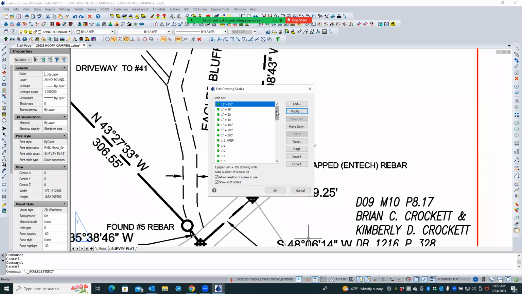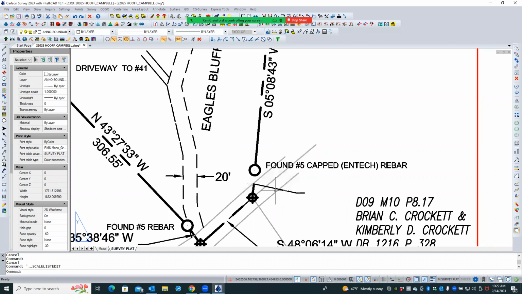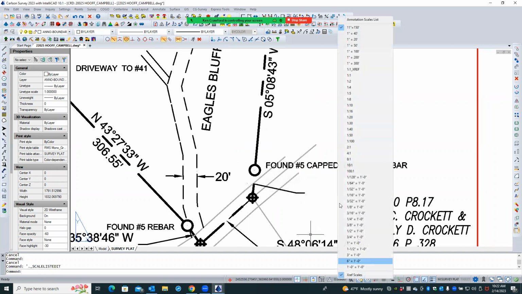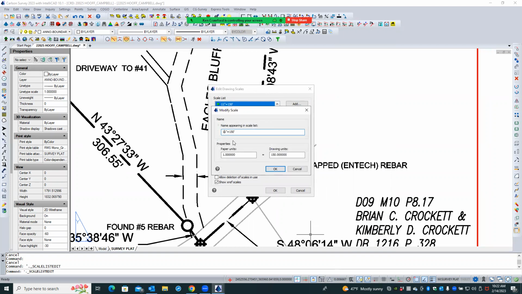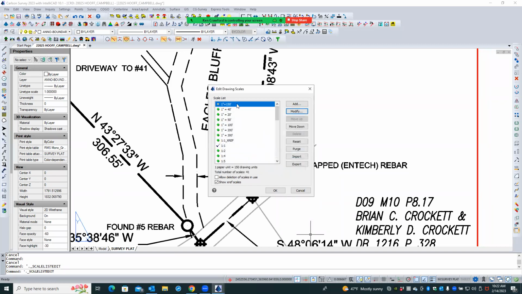One inch equals 150. All right, we say okay. There we go.